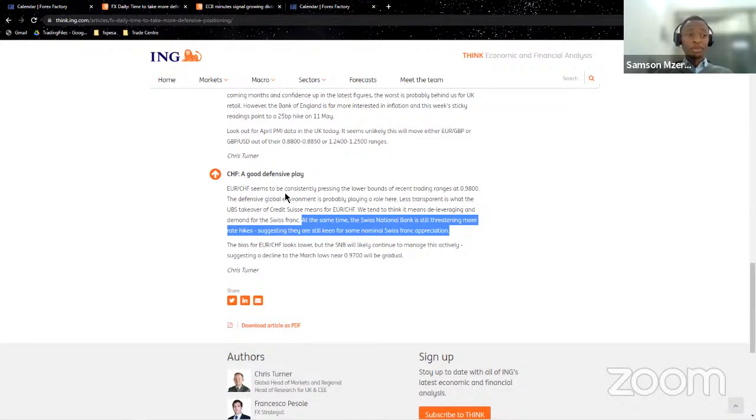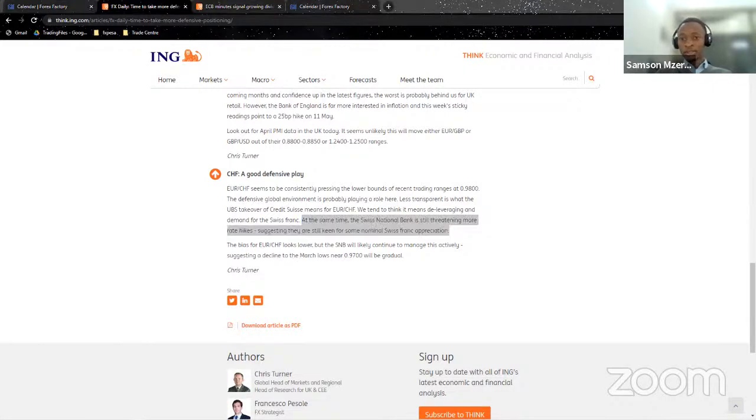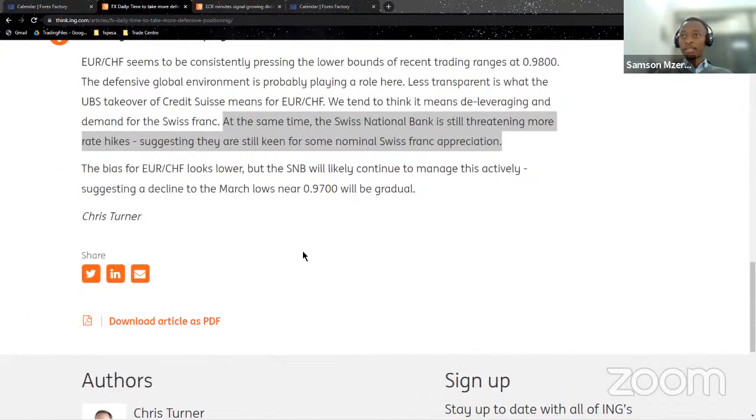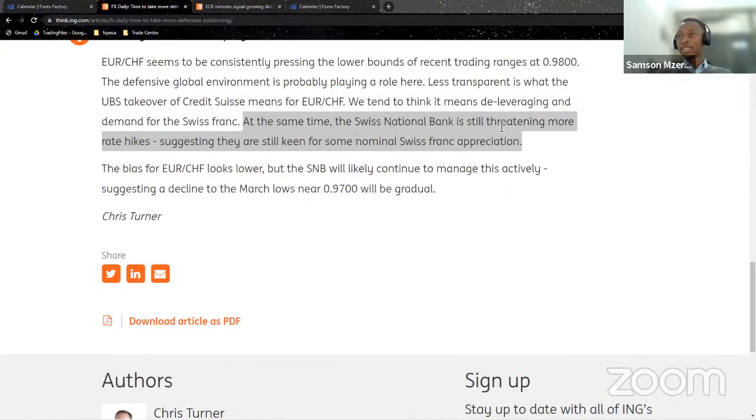Now, if you combine that with other factors, for example, we're expecting a pause in the Fed hikes and bullishness in the market, then that means on the charts here, let me zoom in first. So here, it's saying at the same time, the Swiss National Bank is still threatening more rate hikes.